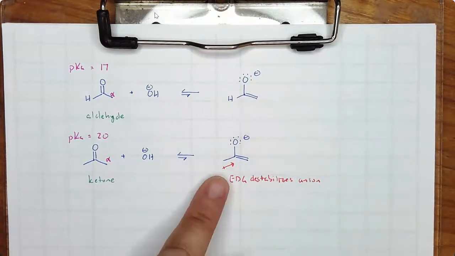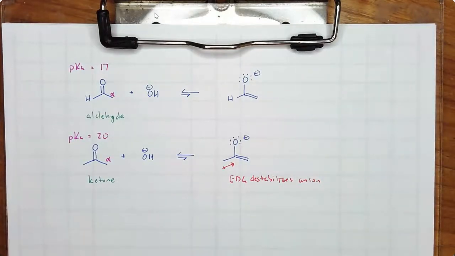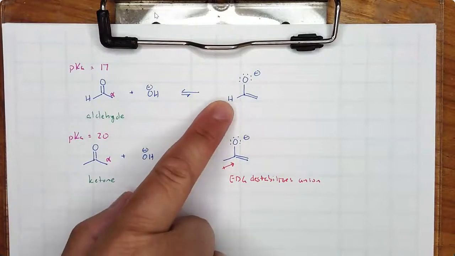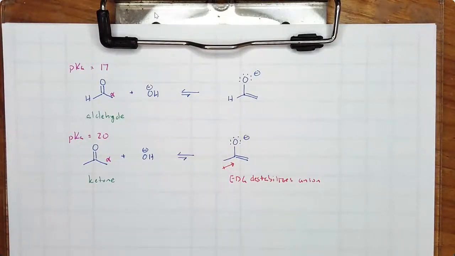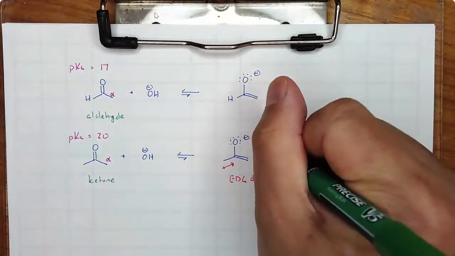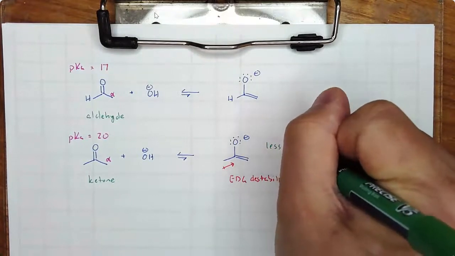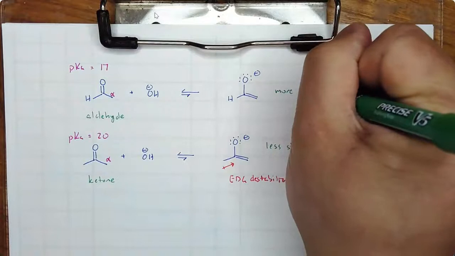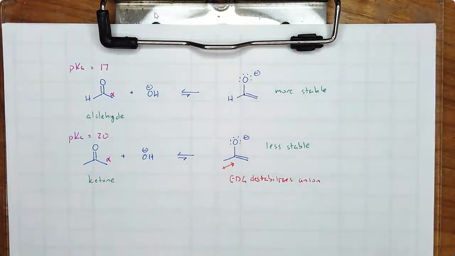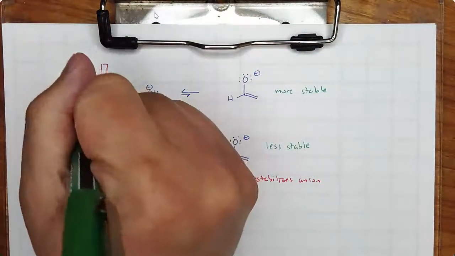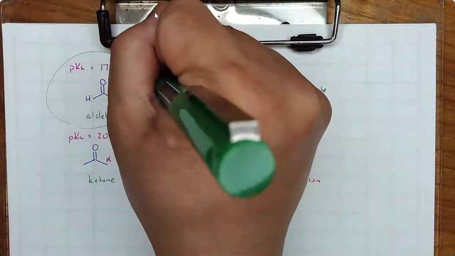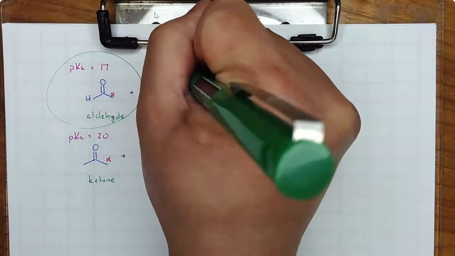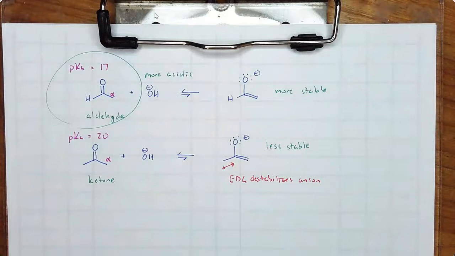We still have pretty good resonance, okay, but it's a little bit less stable than this anion up here. Our conclusion is that this conjugate base is less stable. This conjugate base is more stable, and hence we have this one as more acidic. The aldehyde is more acidic than the ketone.